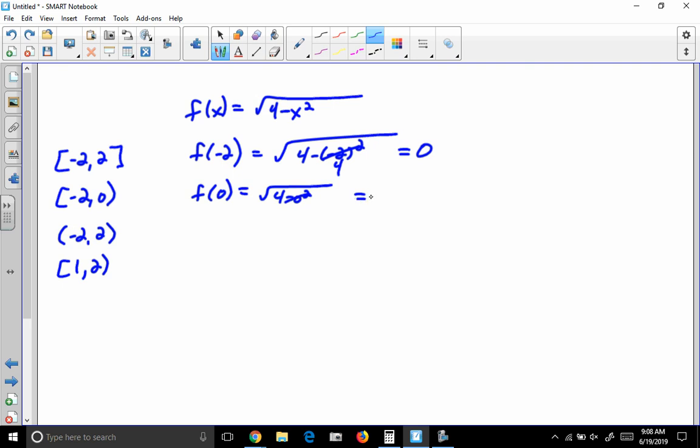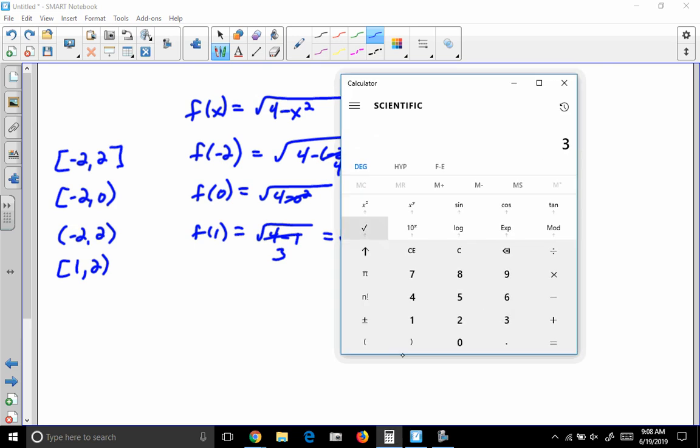The square root of 4 is 2. Let's see, if we put a 1 in, 1 squared is 1. 4 minus 1 is 3. So that's the square root of 3, which as a decimal, the square root of 3 is about 1.7.